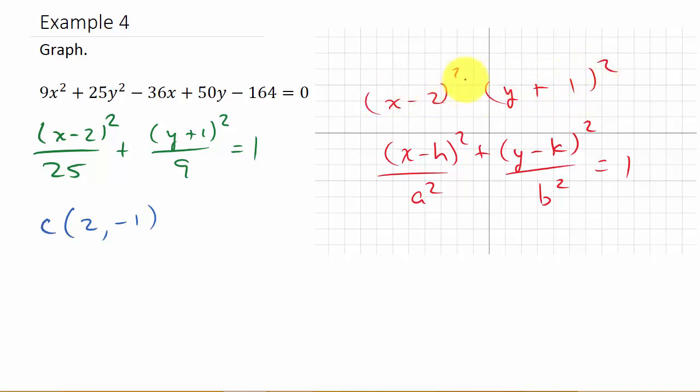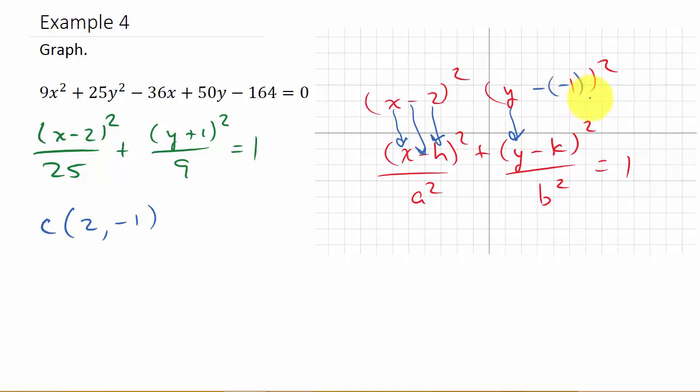Okay, and they're squared. Well, if you look at this, there's x, there's your minus sign, and there's h, which is 2. Here, there's y, but we don't have a minus. We need to rewrite this as minus for the minus sign here. So how can we rewrite plus 1? Well, that's minus a negative 1.